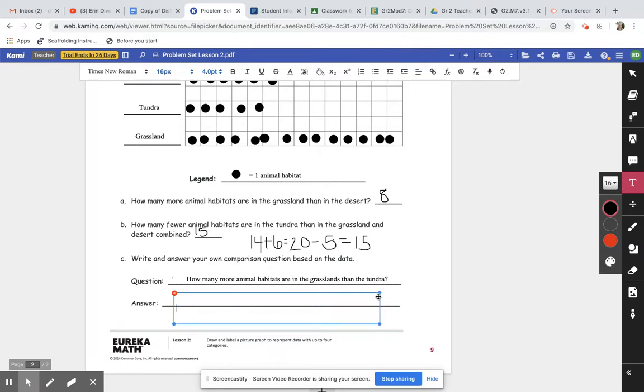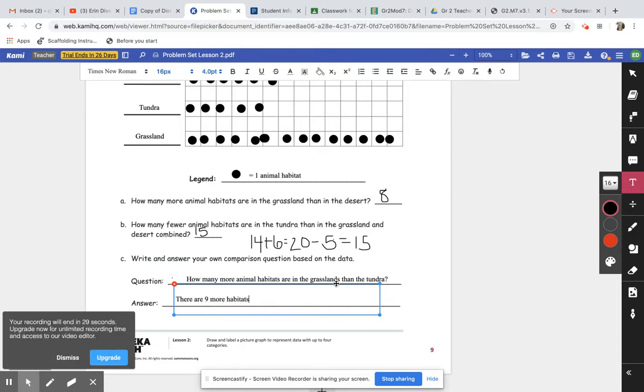So we can say there are 9 more habitats in the grassland than tundra. And if you need to, you can do the math for that off to the side or on a piece of scratch paper.